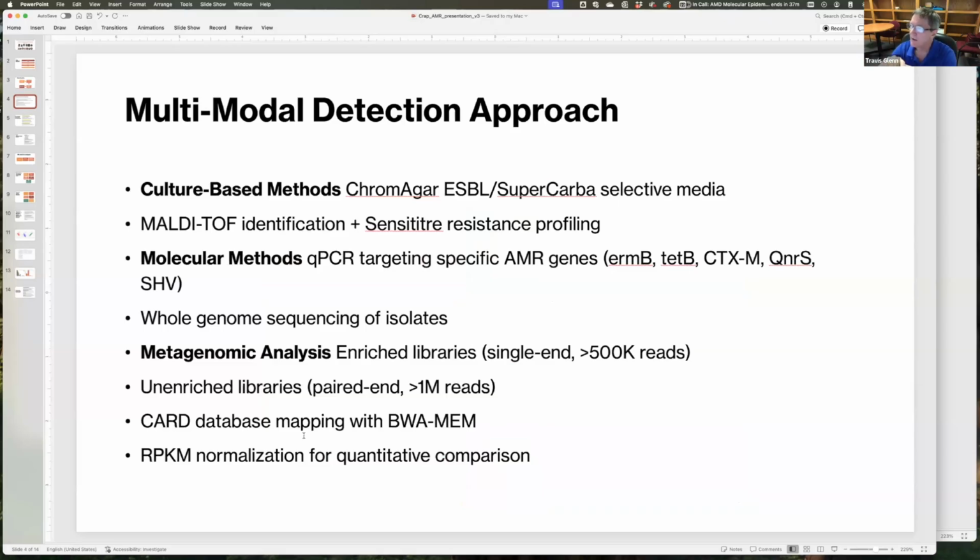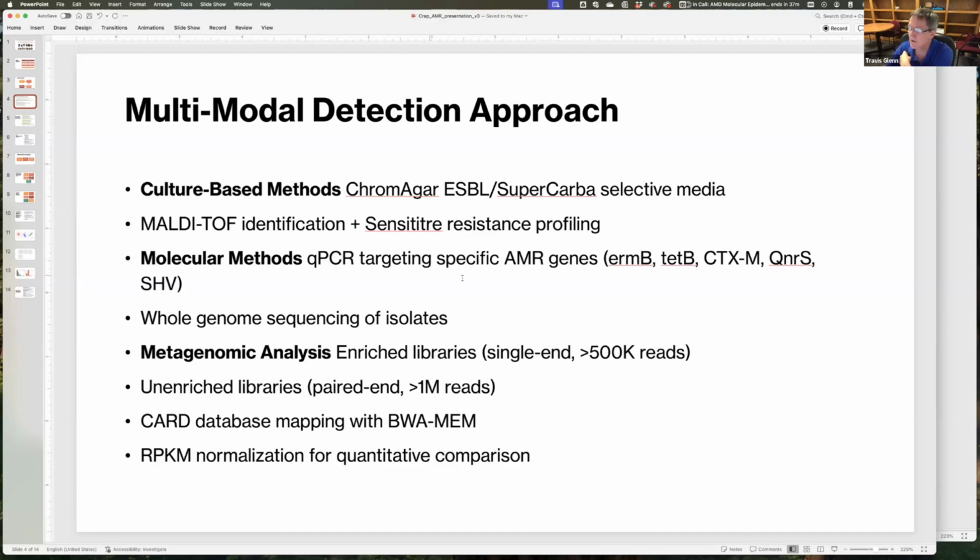All right, so there were a lot of things that have been done with these samples. One of the main things was to collect a fecal sample, then do culture-based enrichment using standard techniques, then do identification of individual colonies that came out of there, and test a number of individual colonies, typically 50 E. coli, by Sensititre resistance profiling.